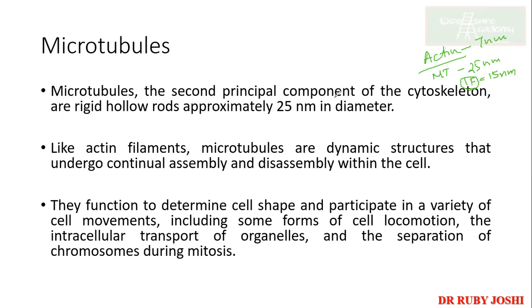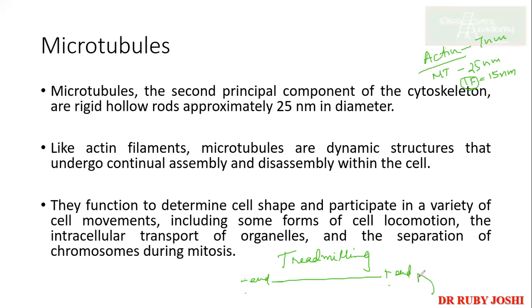Like actin filaments, microtubules are dynamic structures which undergo continuous assembly and disassembly within the cell. If you remember, in the case of actin filaments there was something called actin treadmilling. It just meant that here you have the minus end and here the plus end. In the same way, microtubules also have a plus end and a minus end.